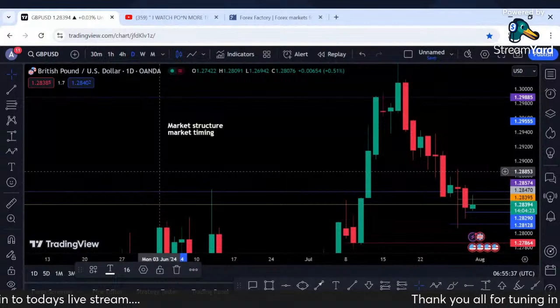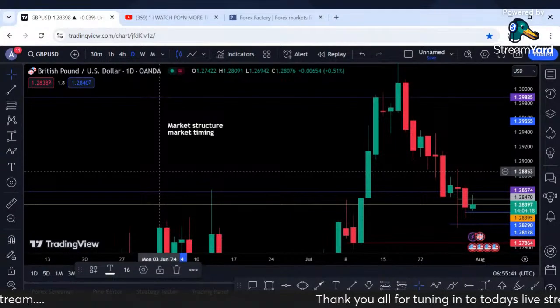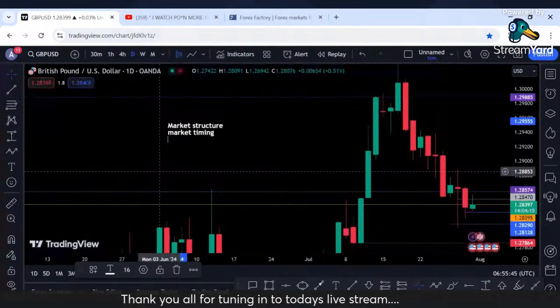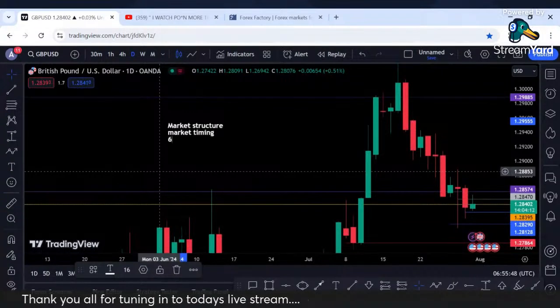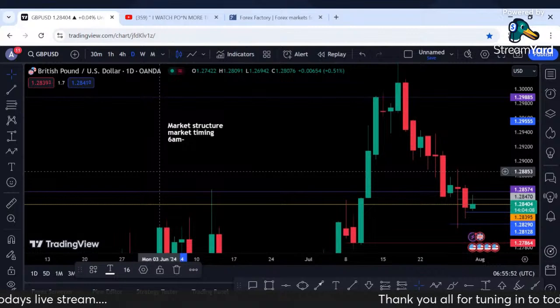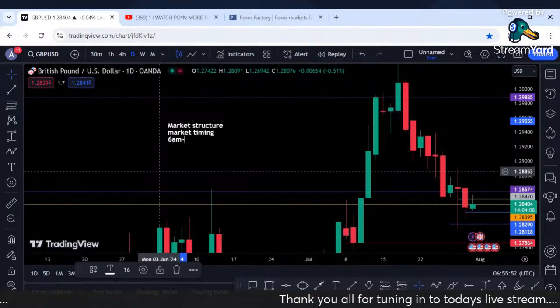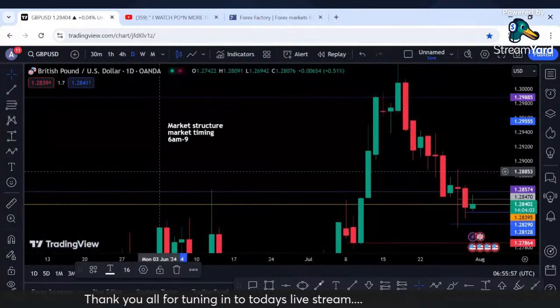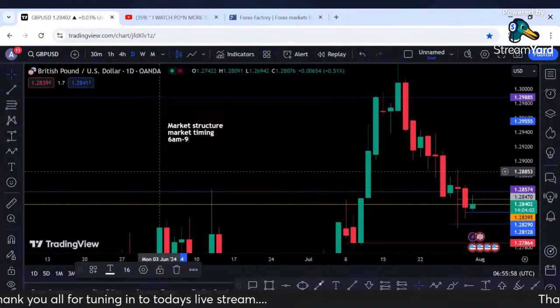This is the most important thing, because if I tell you the timing of the market, as in when volume comes into the market, especially the pre-London session, 6 a.m., you can study it yourself. 6 a.m. to 9 a.m. depends on the timing.